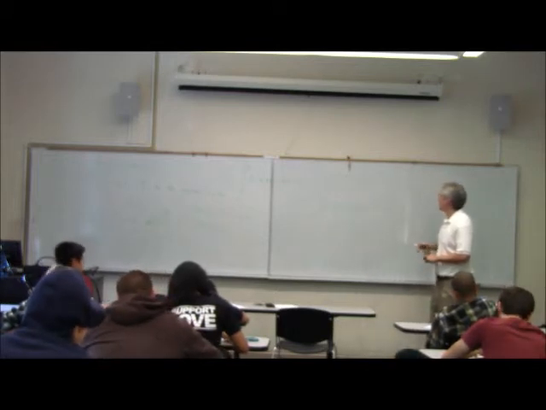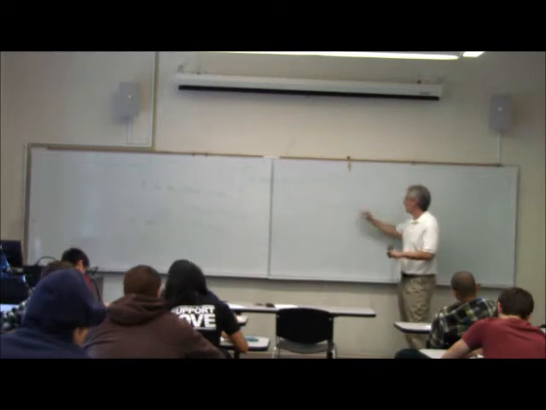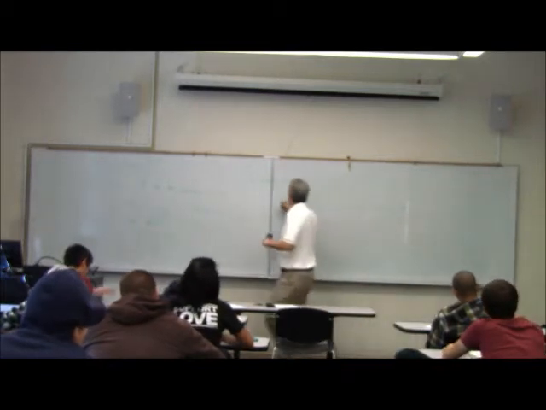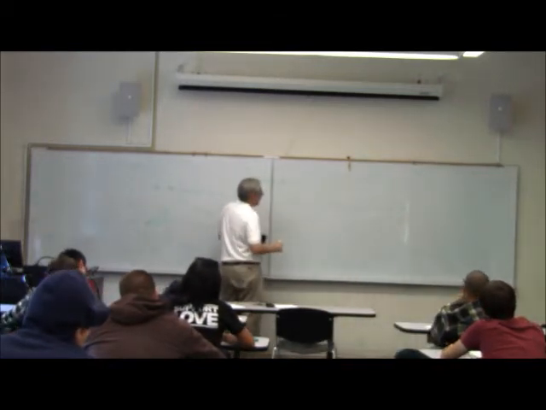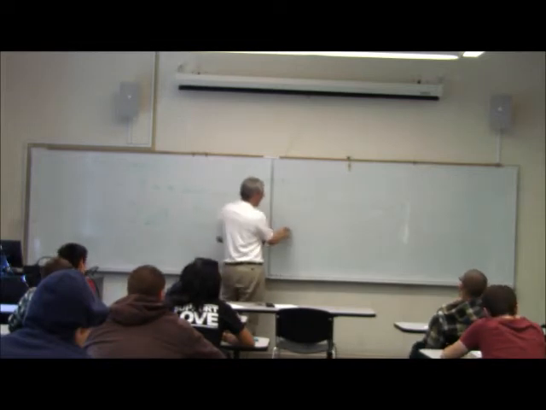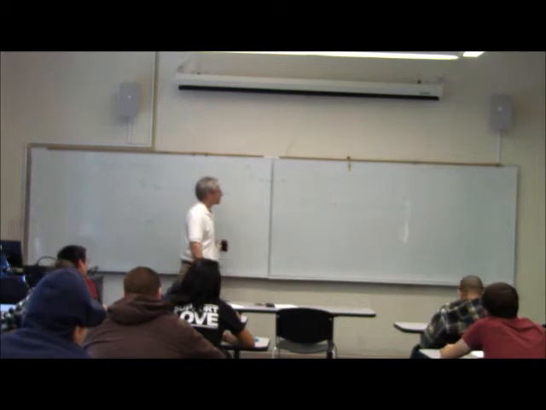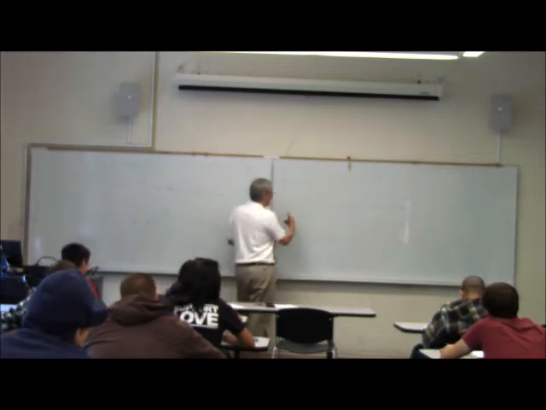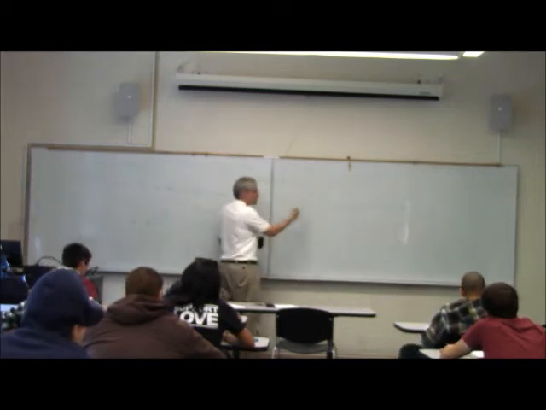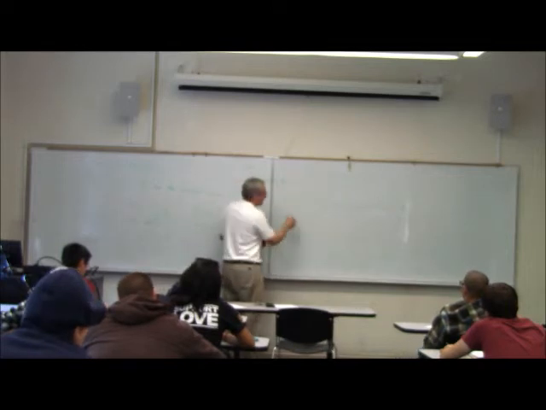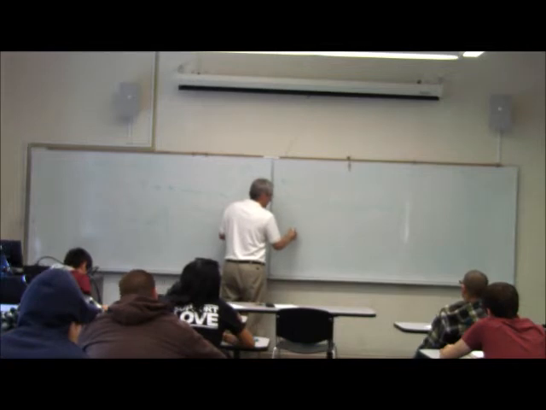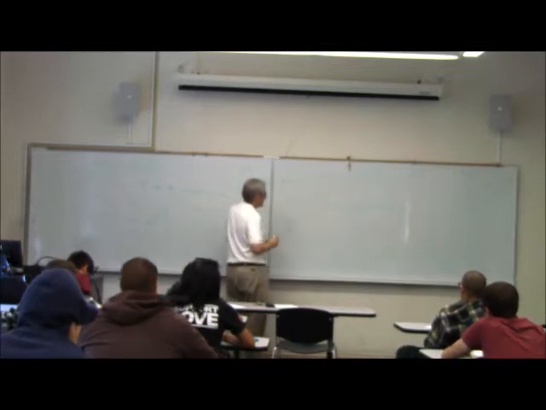Now, this is my I of alpha, and based on classical calculus, the condition for optimality, if I want to minimize I of alpha, is that I set dI d alpha equal to 0.